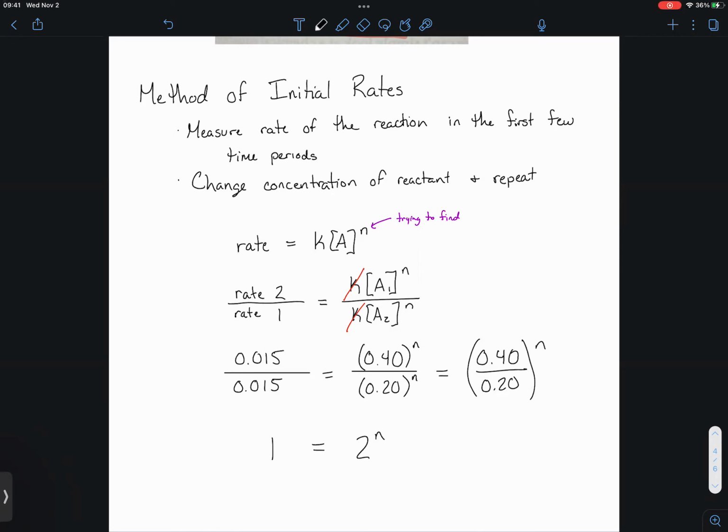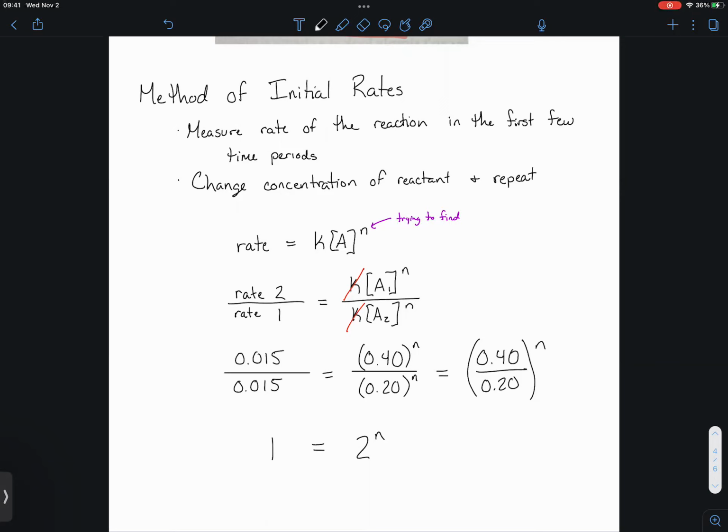Right. So let's see. In terms of our iClicker, if anybody can see what the value of n has to be in order to make this statement true. And it's always going to be one of three options: 0, 1, or 2.